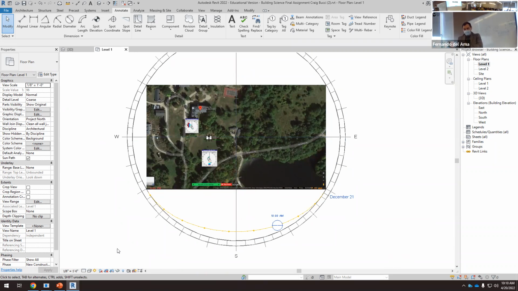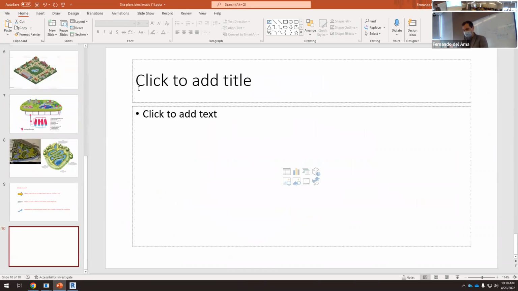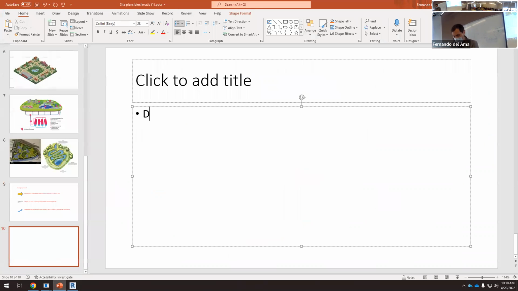Now we have to talk about systems, because when we want to save energy, we have design, and in design we include everything.